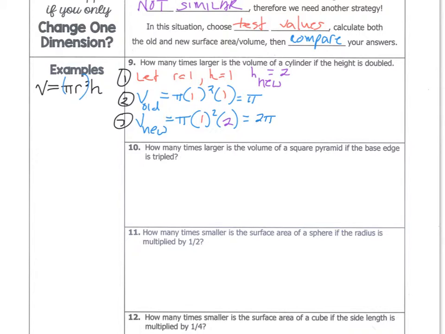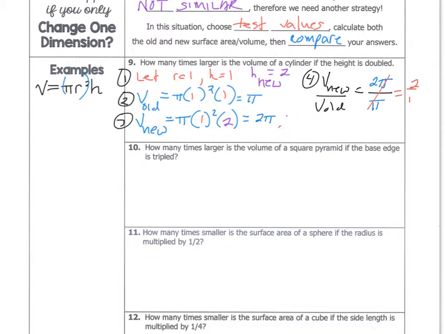So then you're going to compare old to new. So step 4, how many times larger is the volume if it's doubled? So for number 4, we're going to take volume of the new and put it over volume of the old. So volume of the new is 2 pi, and volume of the old is pi, isn't it? Don't the pi's cancel? Isn't it equal to 2 to 1?